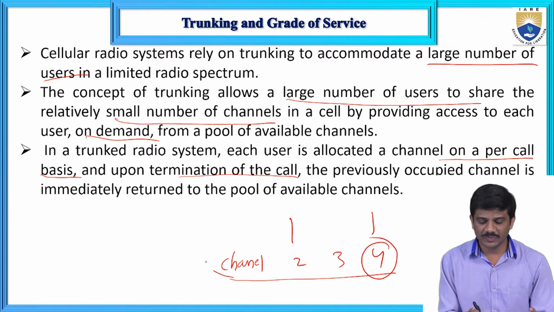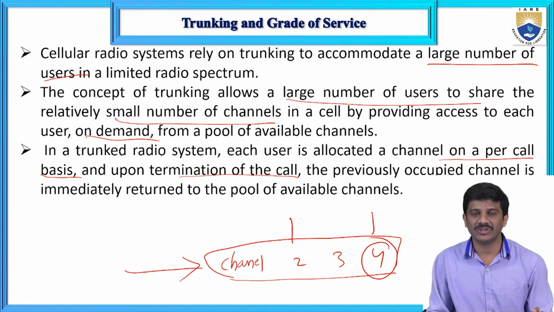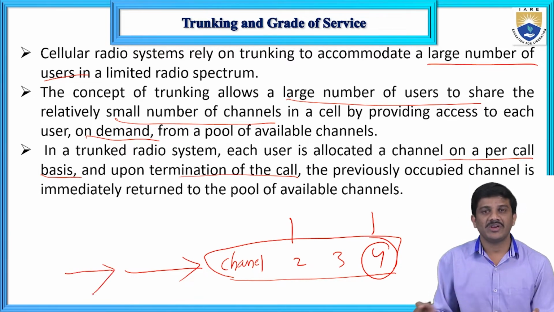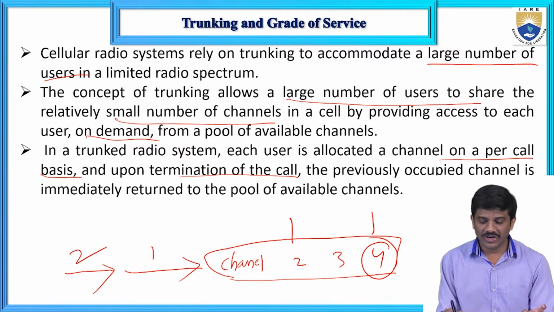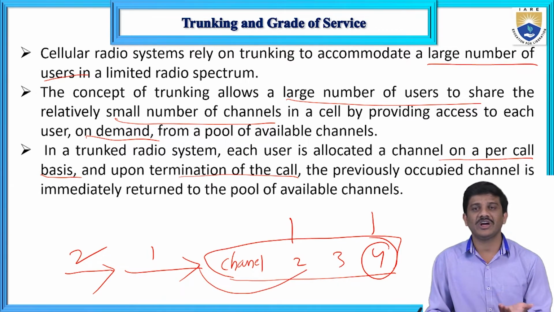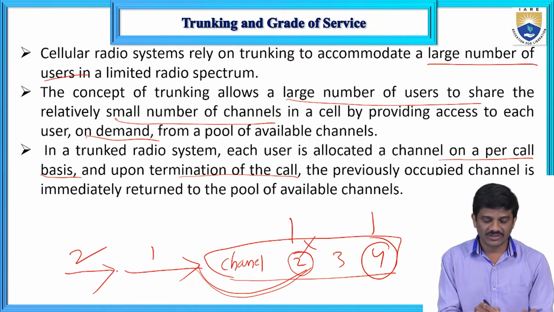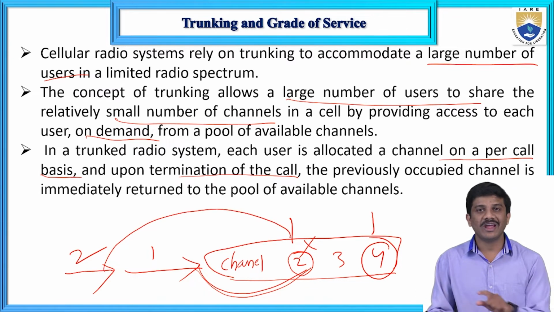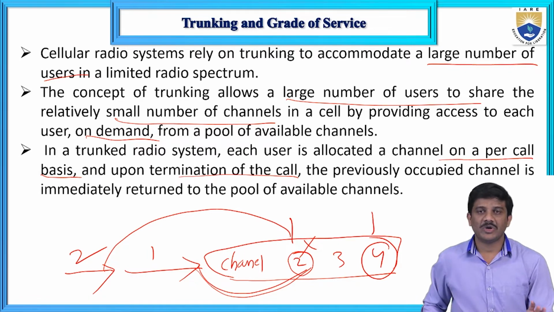If all channels are busy and I am trying to call a friend, and after that one more person also tries to call, then whichever channel becomes free is given to me first, because I was first in demand for the access channel. After this person terminates the call, I can be connected, and after that the second person will be connected. This is the trunking of the particular system.